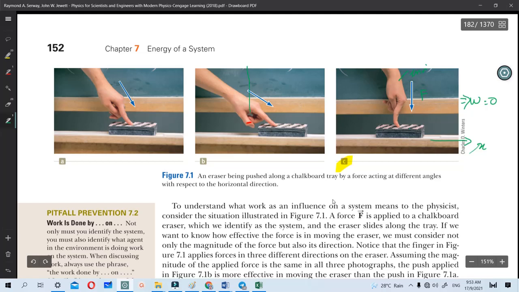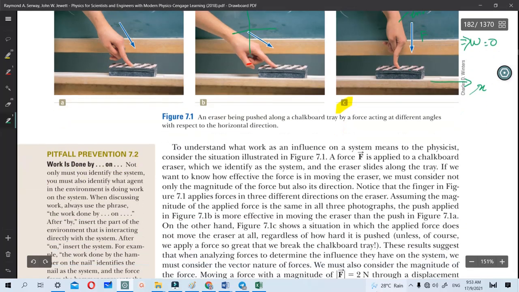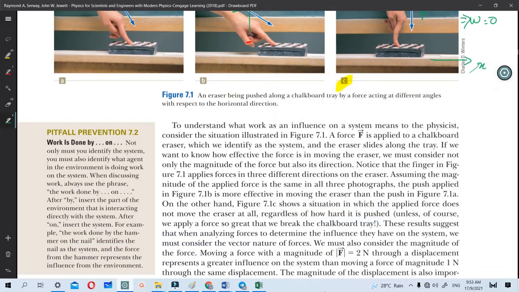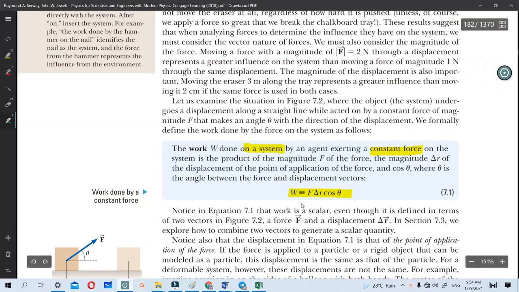When we introduced you to the expression earlier, the work is defined as a product of F, displacement R, the magnitude of displacement, and cos theta.